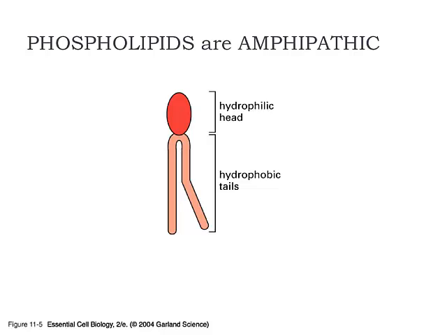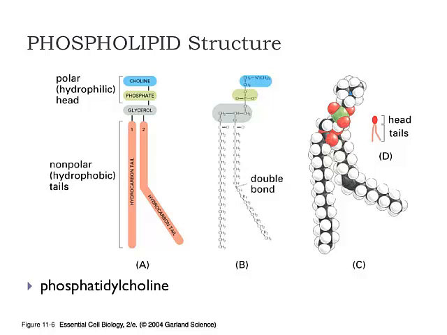And actually their amphipathic structure helps this to happen, to be energetically favorable and happen naturally within an aqueous environment, which we know both inside and outside of a cell are full of water. So let's just look a little closer at the details of the structure of the lipid, and then we'll go on to why they tend to orient the way they do.